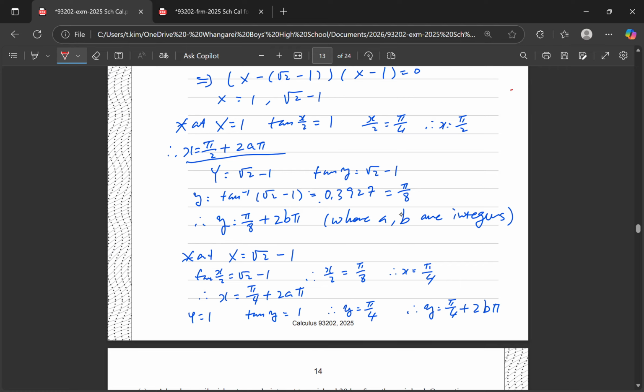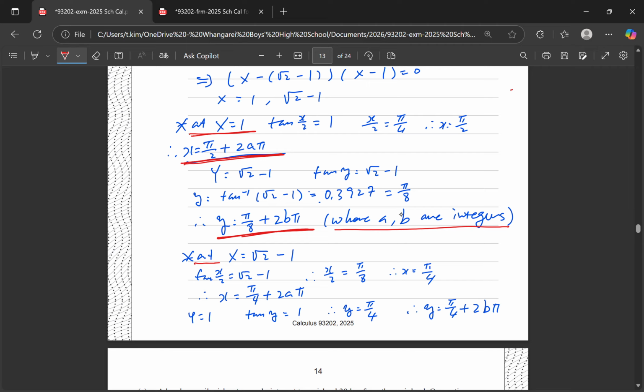So the answer is first when big X is 1, small x is π/2 plus 2aπ, and y is π/8 plus 2bπ, where a, b are integers.